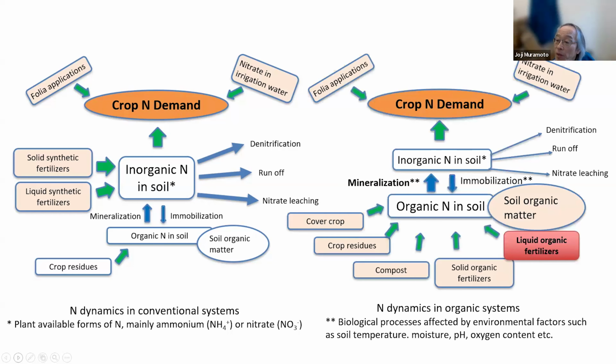In contrast, in organic systems, most of the nitrogen in organic fertilizer is in organic form, which is not plant-available. So it has to go through a biological process called mineralization to release inorganic nitrogen, the plant-available form, first to ammonia, then turning into nitrate through another biological process called nitrification. So organic nitrogen management is inherently more complex and unpredictable.